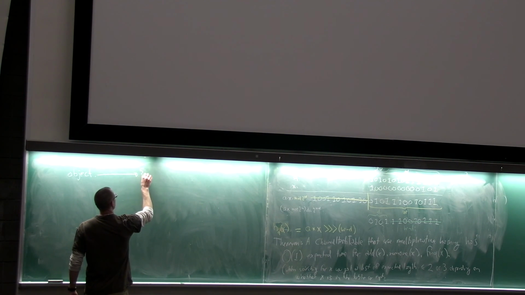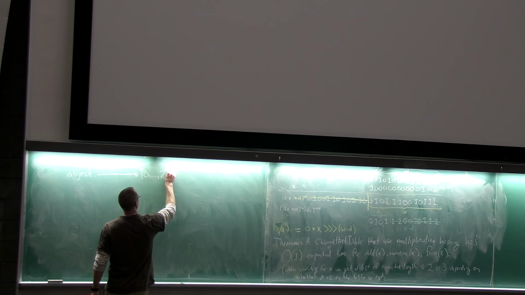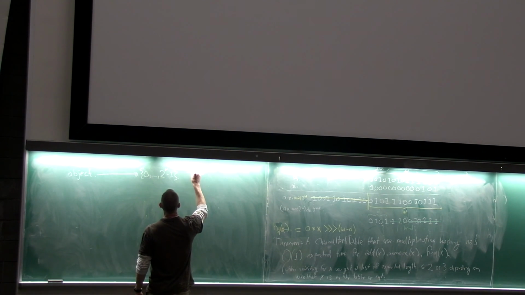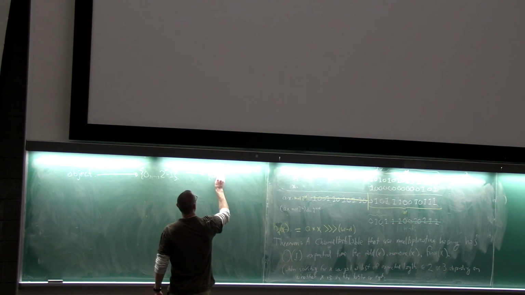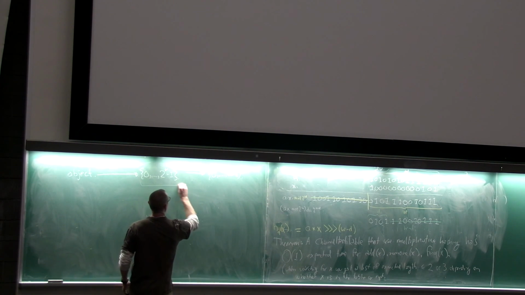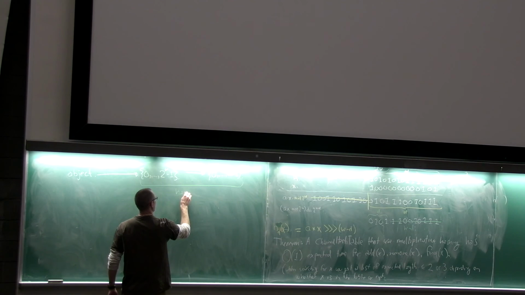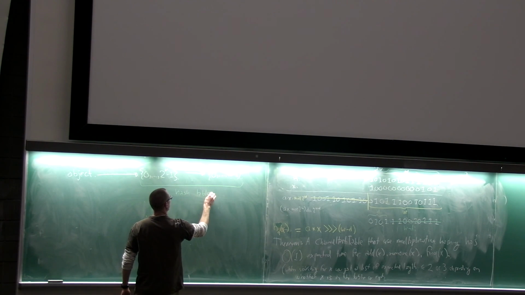Maybe it's 2 times W bits, or maybe it's a variable number of bits. And I need to get that thing down into an element of this set. Once I do that, then I can hand it off to the hash table, which will take it down again and put it into an array location using whatever it sets internally. So the hash table handles this part of the picture.